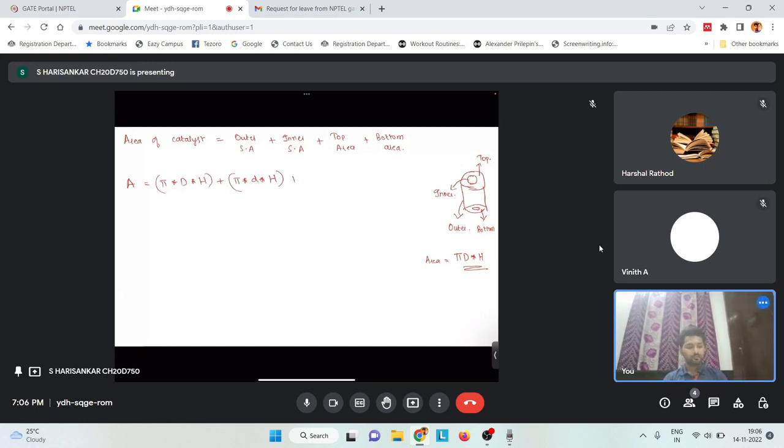So we can just write it as 2 into top area, which will be the area in the shape of the ring. So that will be pi into (D square minus small d square) by 4.